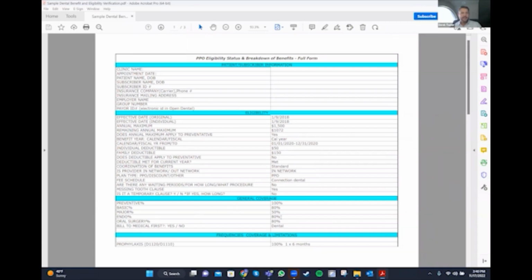And then after that, you'll see the general coverages, and this is what we think of a lot of times when we think of benefits: okay, preventatives covered at 100%, basics at 80, major, endodontics, oral surgery, those kinds of things, right?